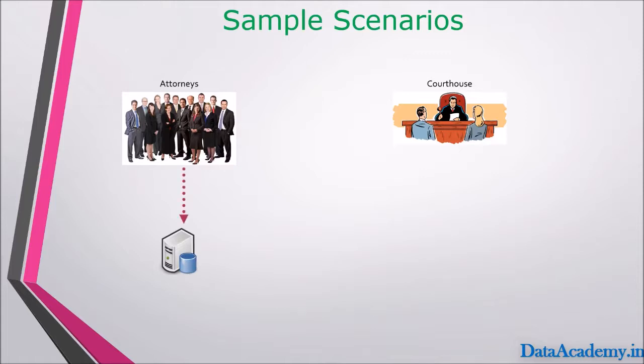They often need to connect to the database to understand what are the upcoming cases and what are the documents that are required for a particular case, and maybe even scheduling these cases with the court. So what do you think is the style of reporting that is best suited for this environment?